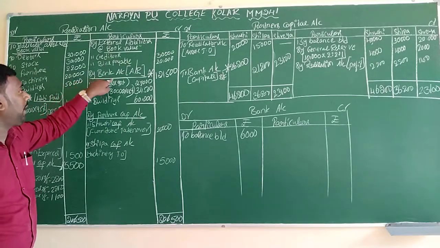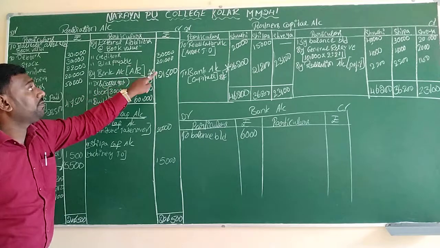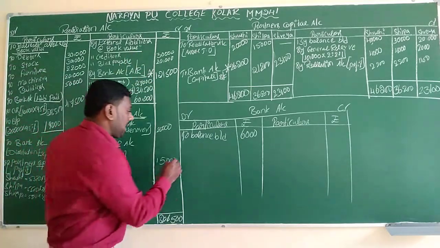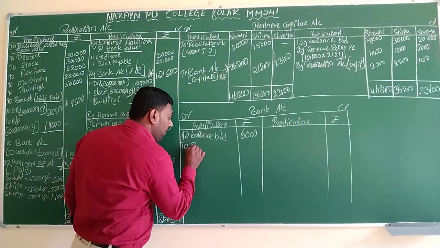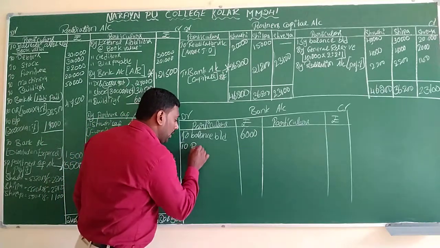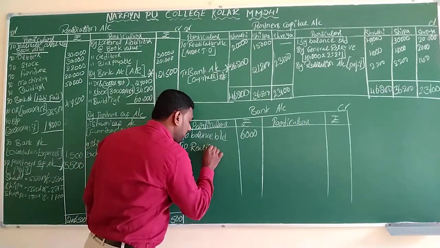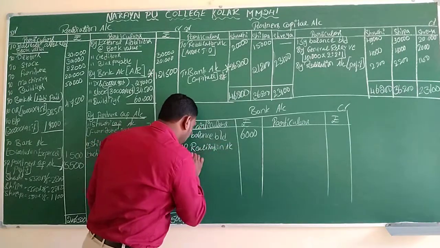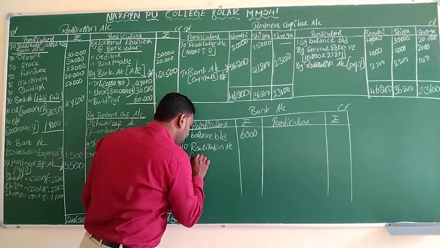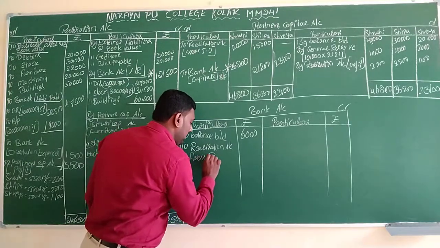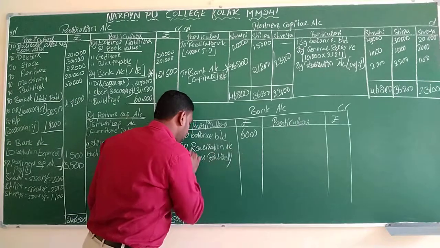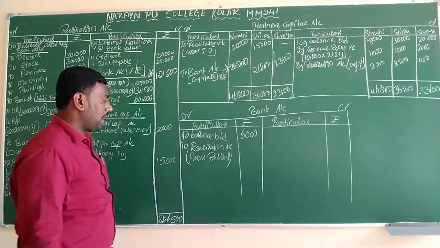What we have to write: to bank account, assets realized. Which side? Credit side. In the next account, which side will it come? Debit side. We will write to realization, and in bracket we mention assets realized.